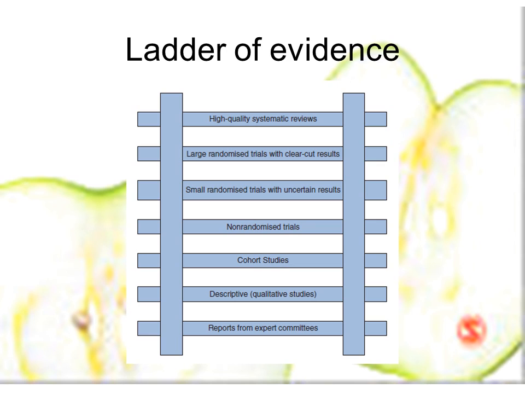From there, we've gained knowledge and we can move up the ladder to doing a larger randomized trial with more clear-cut results, based on a lot of what we're basing it on, which is going to be the multiple regression and what we've come up with through the non-randomized and the cohort studies, to have a randomized trial that's large, and you're going to end up with clear-cut results, very definite ones.